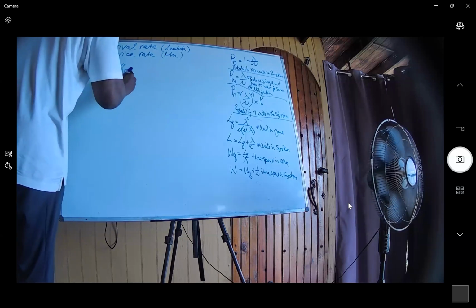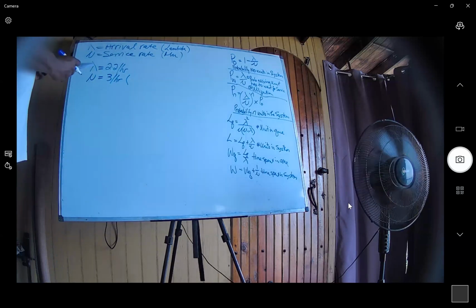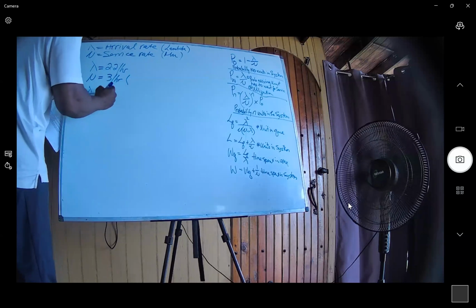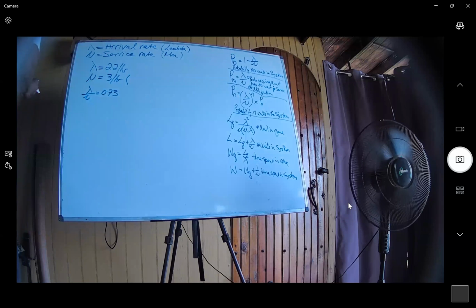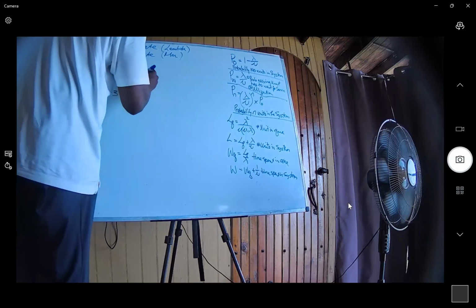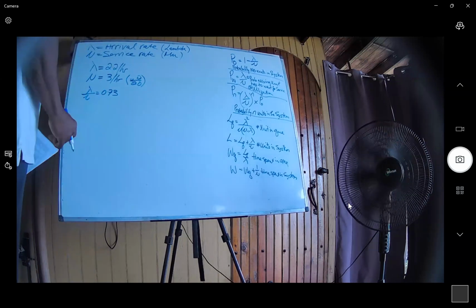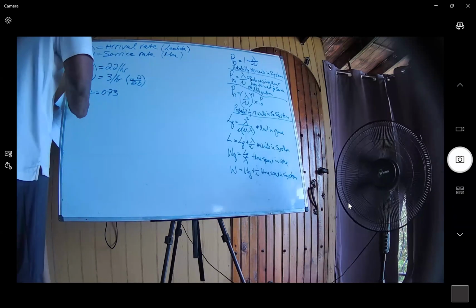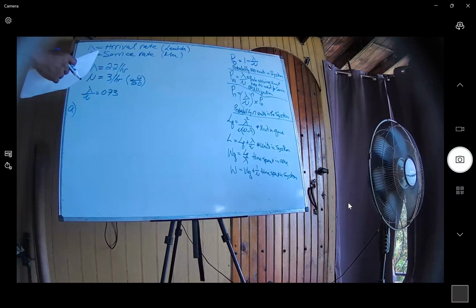Lambda over mu is 0.73, which is 2.2 over 3. So we're good, lambda over mu is 0.73, so it fits our model.